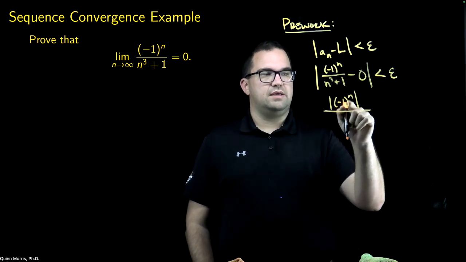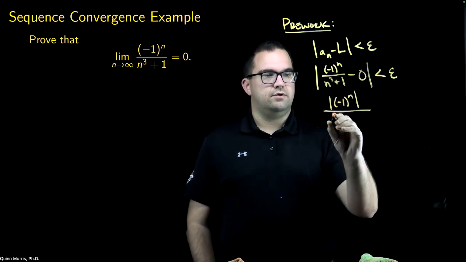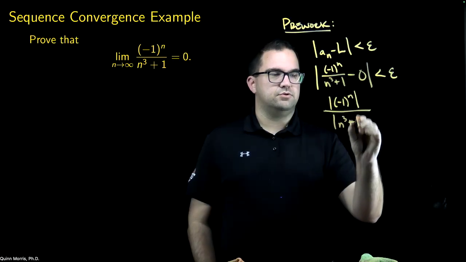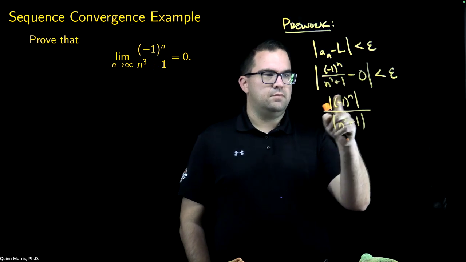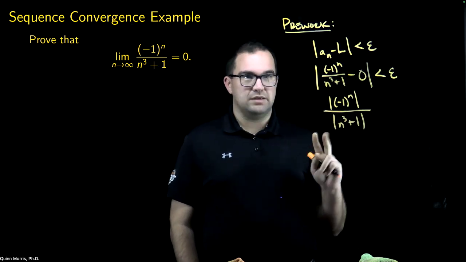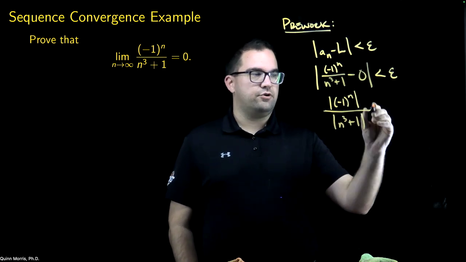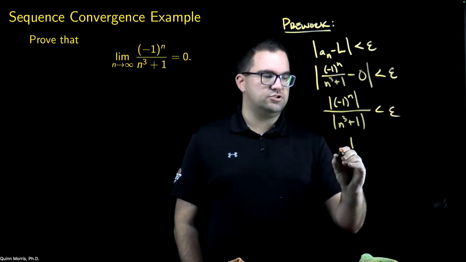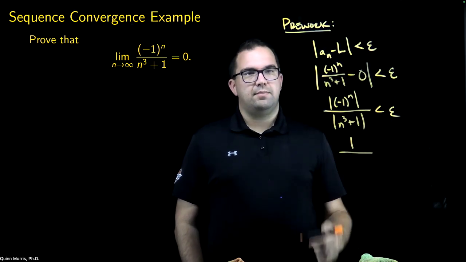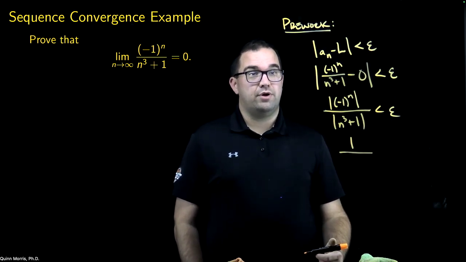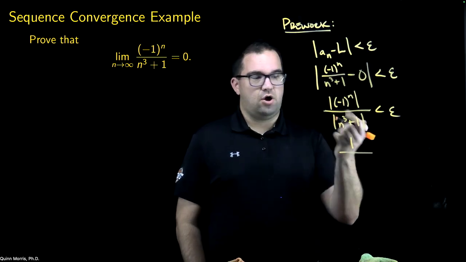I get (-1)^n in the numerator. Take the absolute value of that over the absolute value of the denominator. Well, (-1)^n is either positive or negative 1. In either case, its absolute value is just 1. So that numerator just becomes 1.